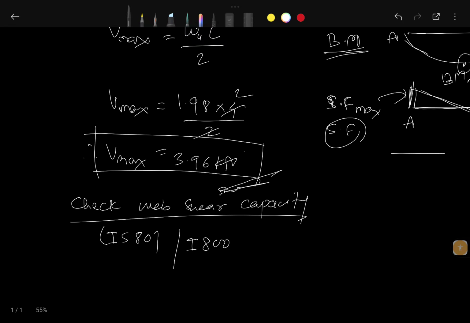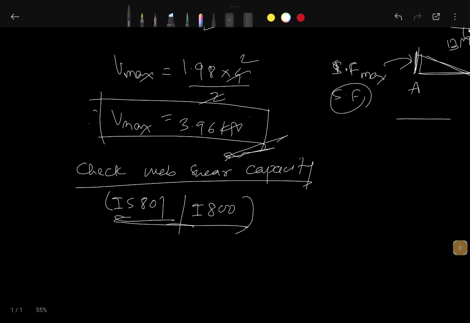Consider web thickness and shear buckling for thin web. So accordingly, we get the shear capacity of the web section also. So these are important checks if we design any type of purlin. I hope you understand this step-by-step procedure.